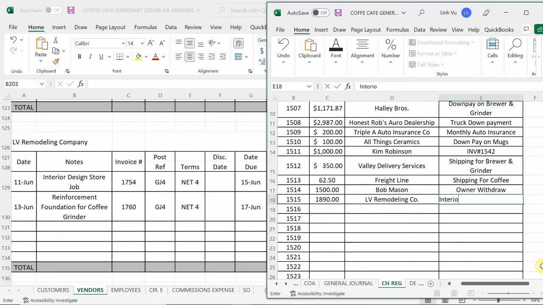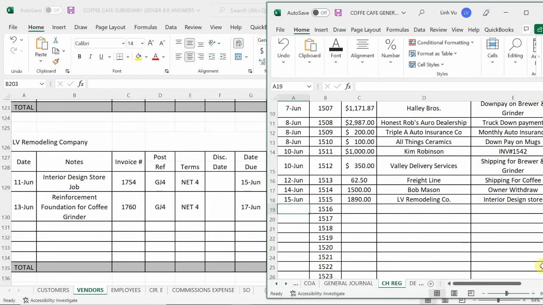We didn't buy supplies from LV Remodeling. So we have check number 1515.